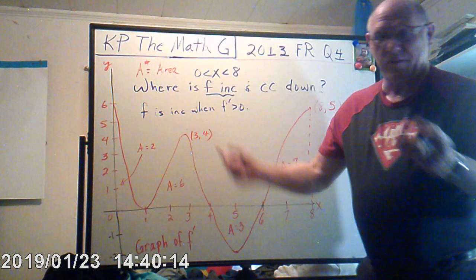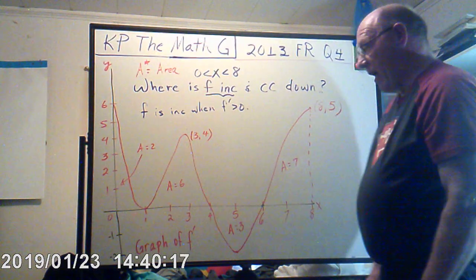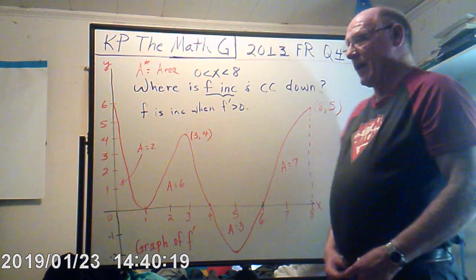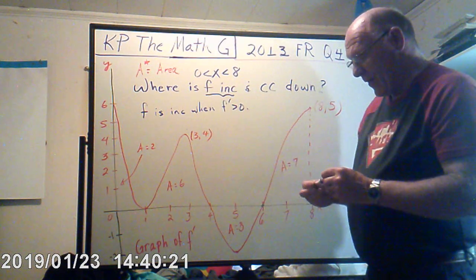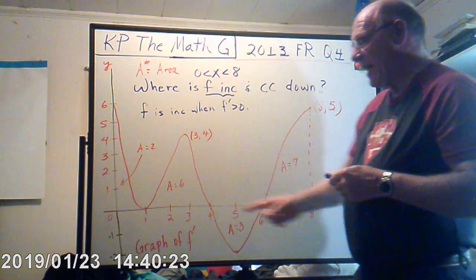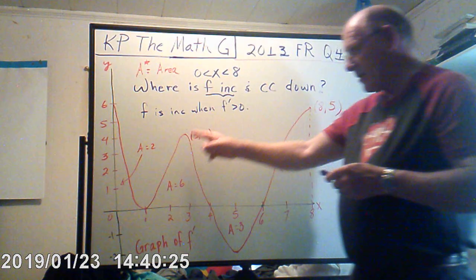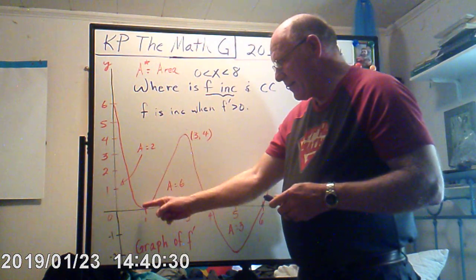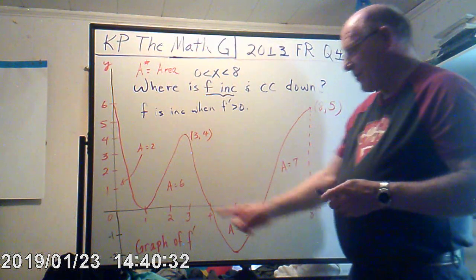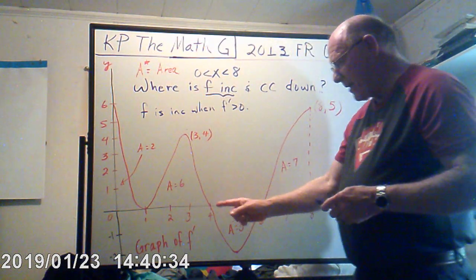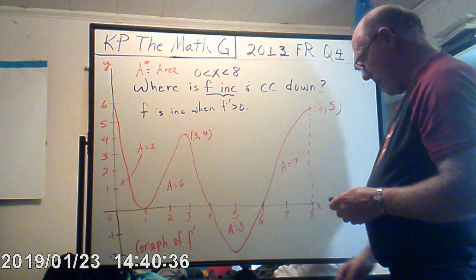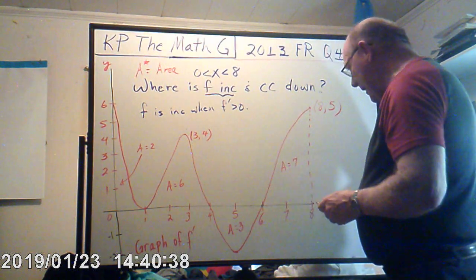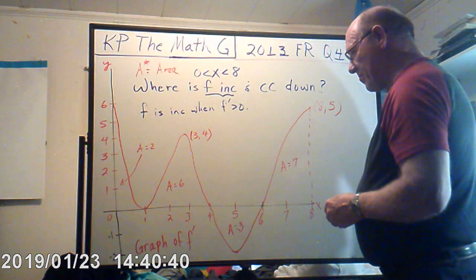Well, we already have f prime, and I believe we know by now that anything above the x-axis is going to be increasing. So from 0 to 1, that's increasing. From 1 to 4, that's increasing. From 6 to 8, that's increasing.